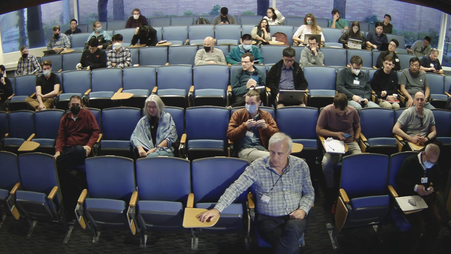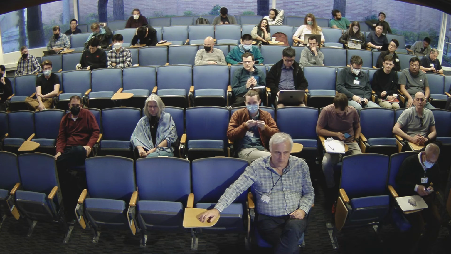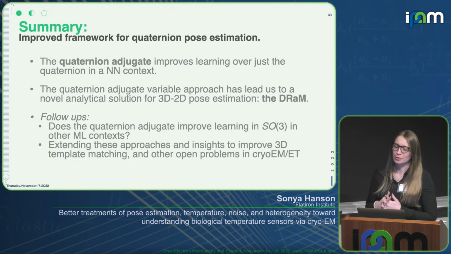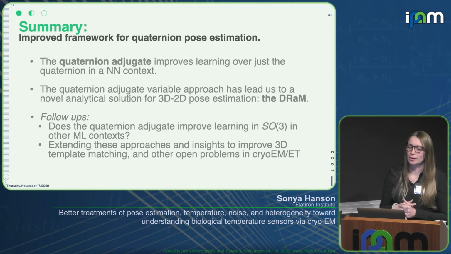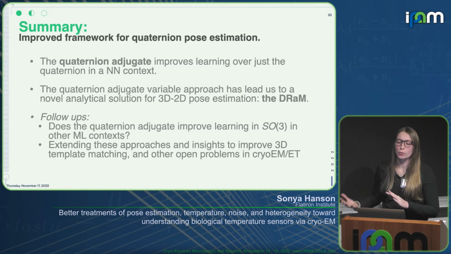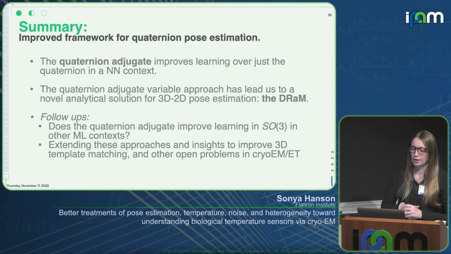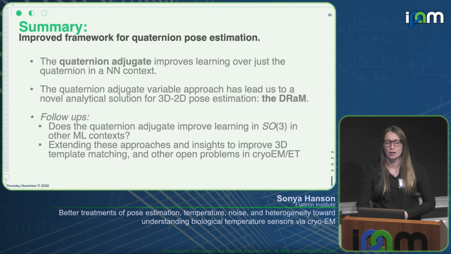Yeah, sure. Cool. So that concludes this quaternion pose estimation part that I wanted to talk about. Here we have the quaternion adjugate, which improves learning in some neural network contexts, and we propose this new determinant ratio matrix.